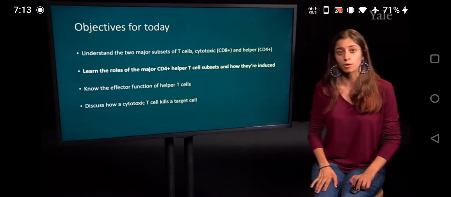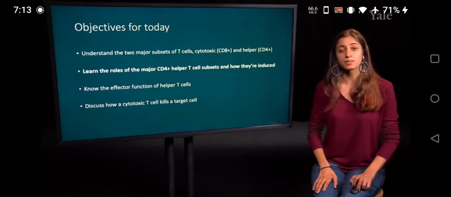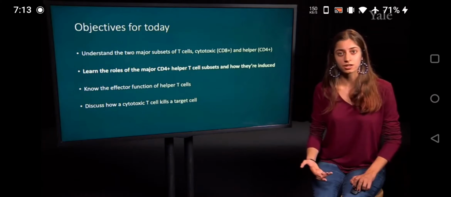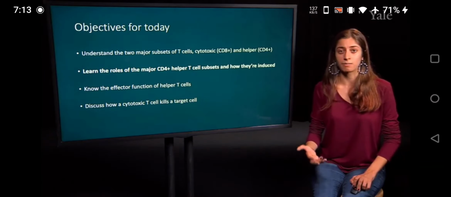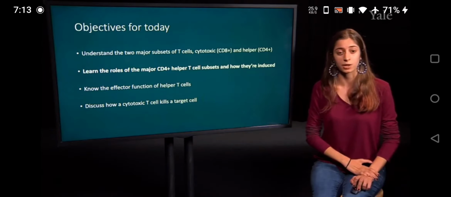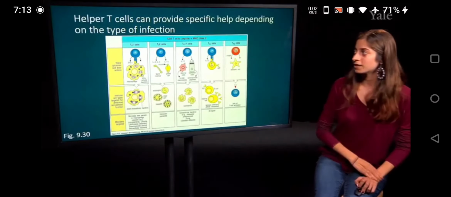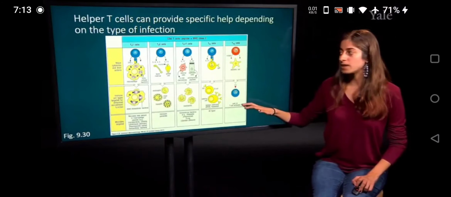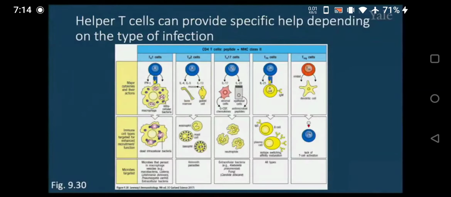This provides specificity to their function and allows them to act in a manner that is specialized towards the type of infection that the body is experiencing. There are many different subsets, including Th1, Th2, Th17, T follicular helper cells, and T regulatory cells. We're going to go through each one of these in the following slides.